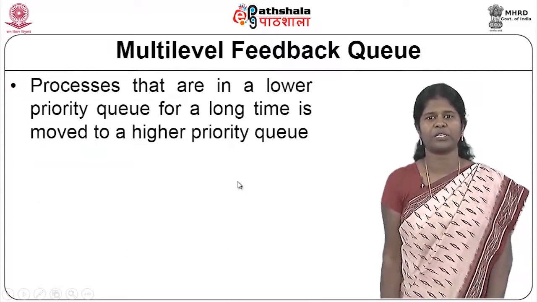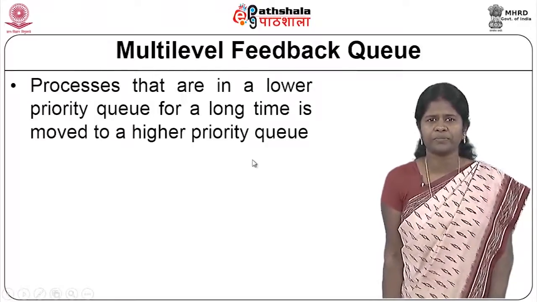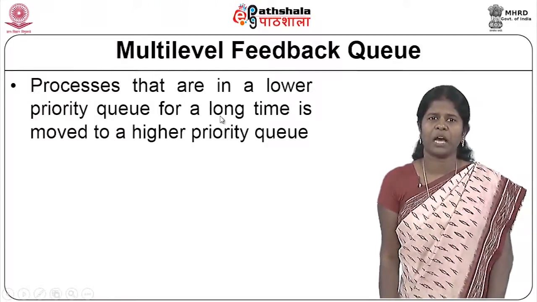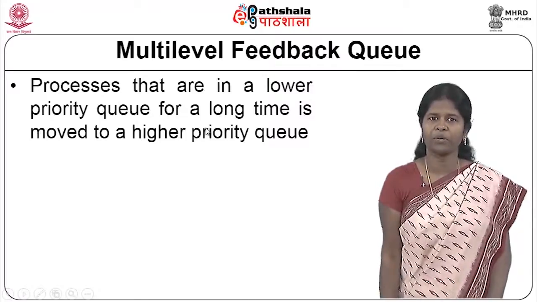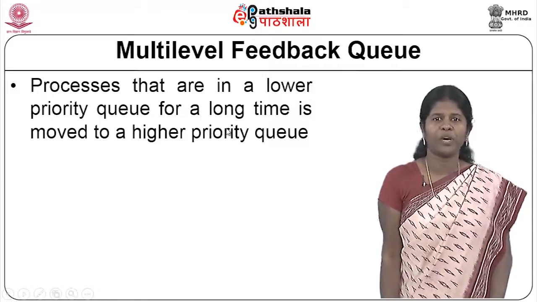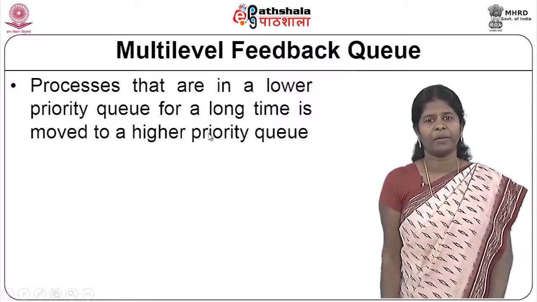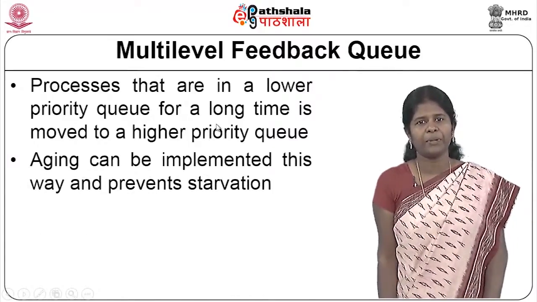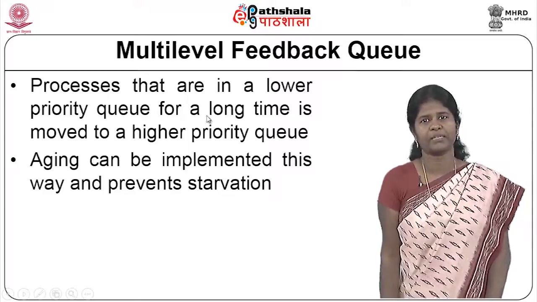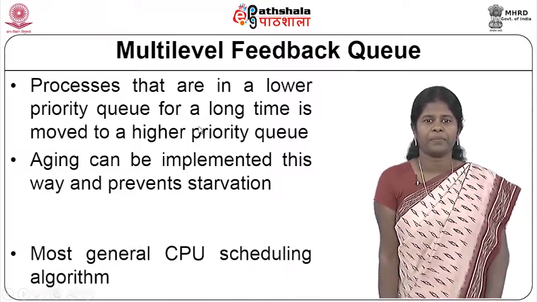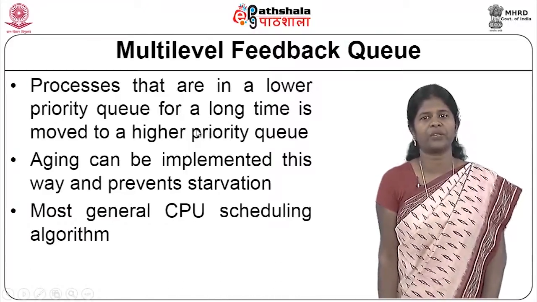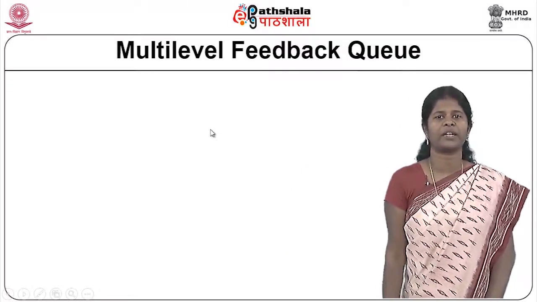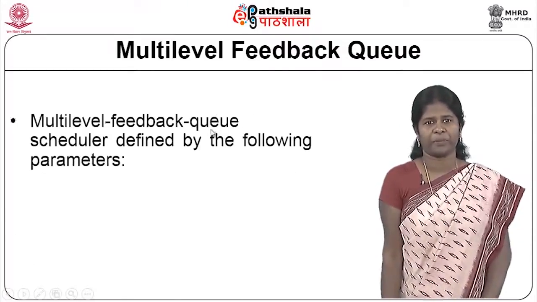If you look into this multi-level feedback queue, when processes are in a lower priority queue for a long amount of time, they can be moved to a higher priority queue, and thereby you avoid starvation, and aging is implemented in this manner. And this multi-level feedback queue is found to be the most general CPU scheduling algorithm.